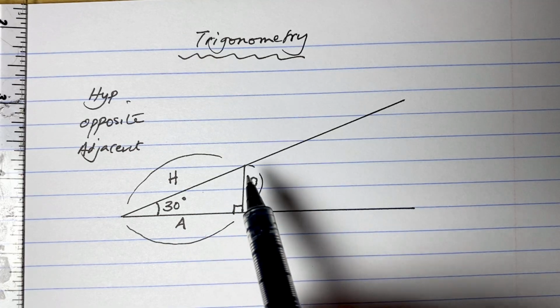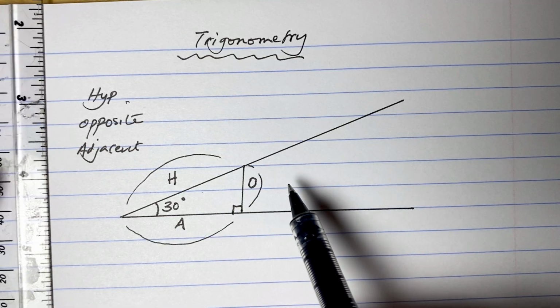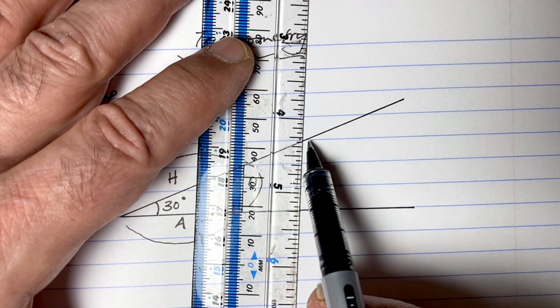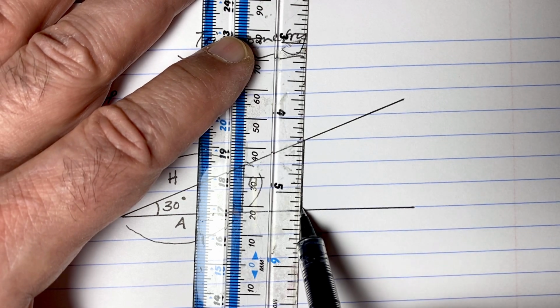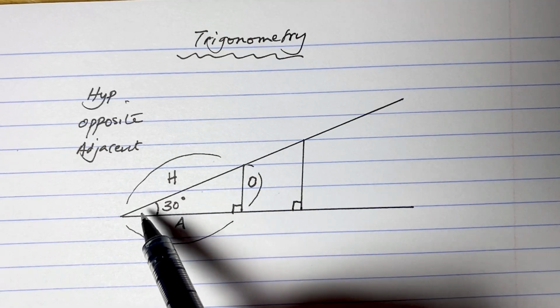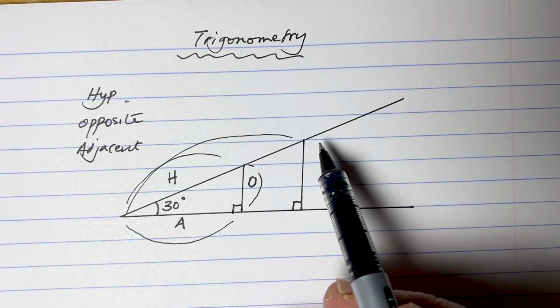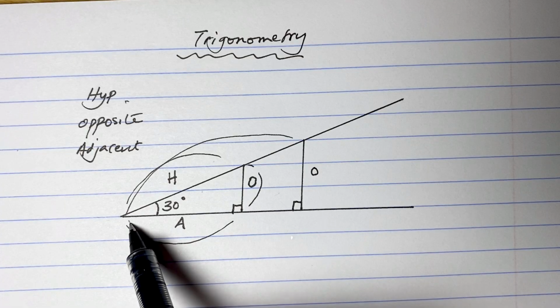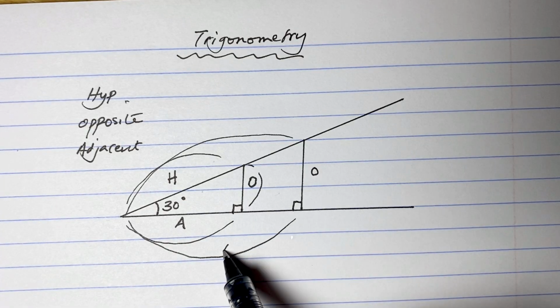Now the question is, could that point be anywhere? Yes. Let's have a point over here, as long as you draw 90 degrees. Now the new triangle: this is the hypotenuse, this is the opposite, and this is the adjacent.